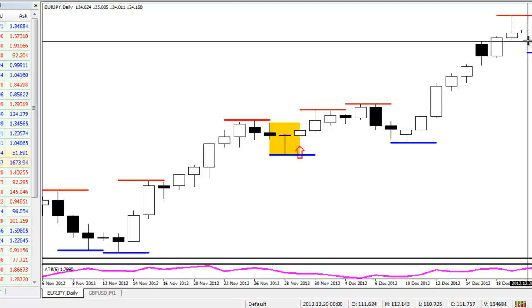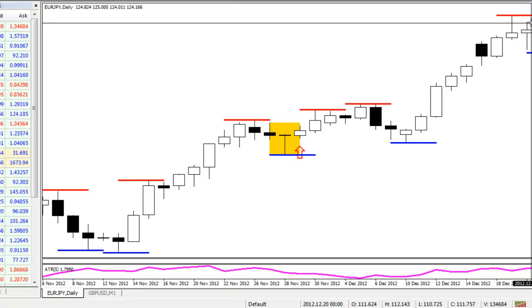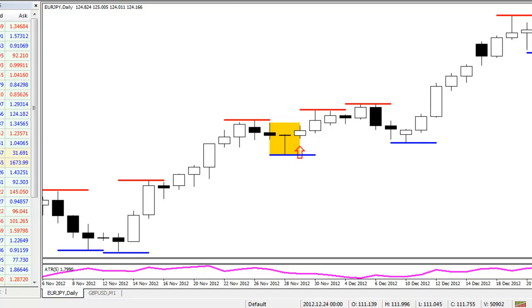And also we can see that the range of the most recent three candles here is 150 pips. Obviously the halfway point being 75. And we can see that this most recent candle has closed in the upper 50% of the range of the last three candles. That means that this candle here with the arrow is the actual entry candle.